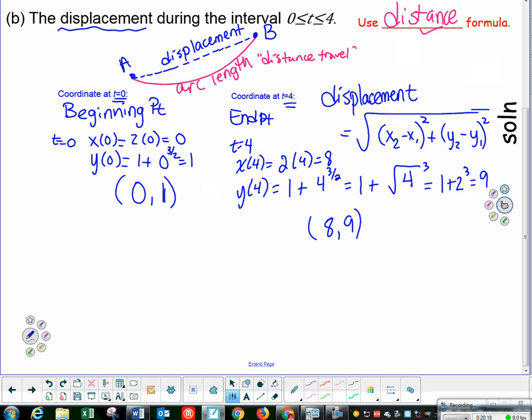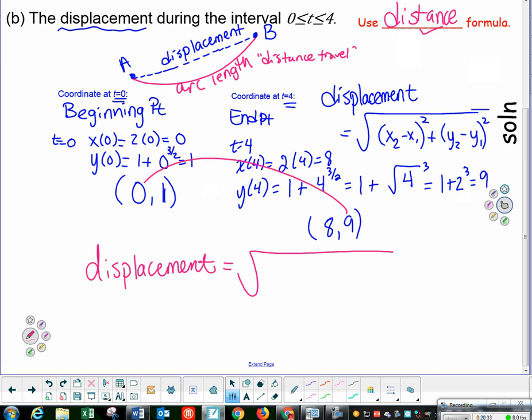Now for the magic. Displacement equals the square root. X. Why did I point to Y? Okay, retry. X minus X, quantity squared. Y minus Y, quantity squared.